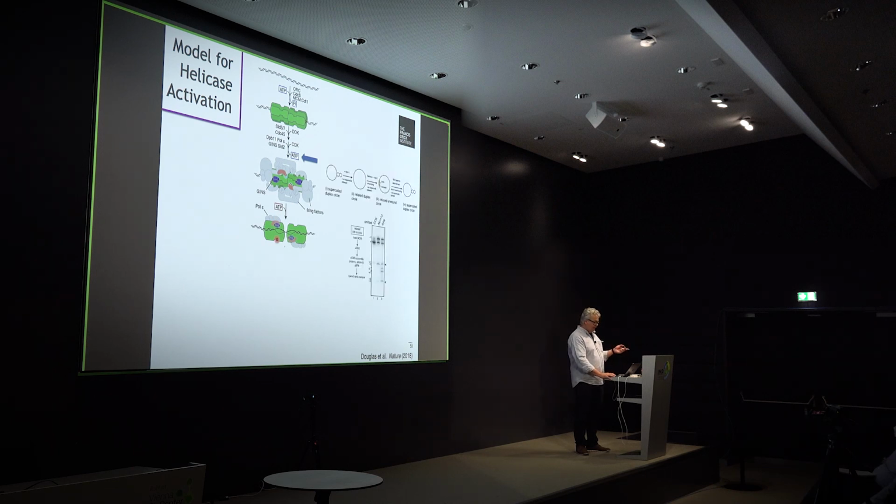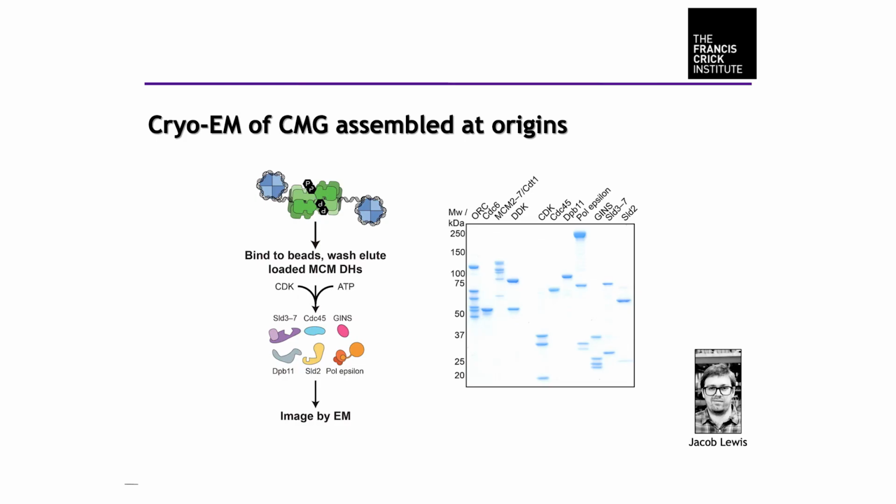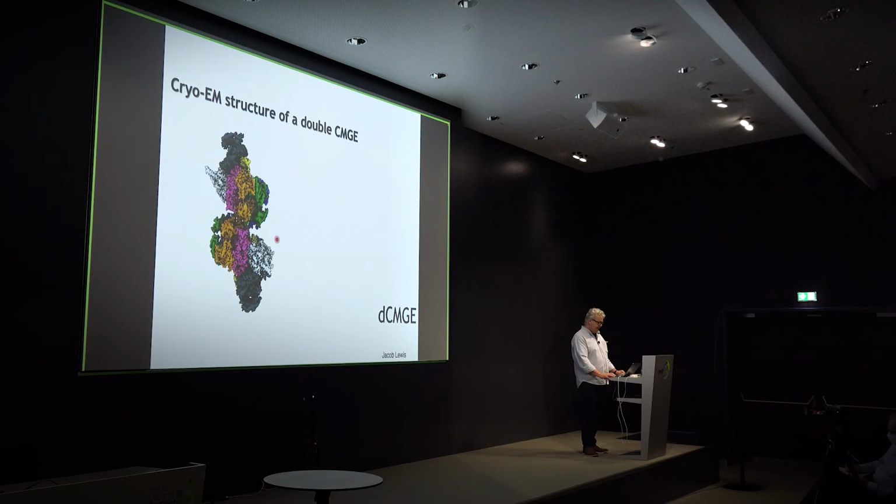And I've overrun myself quite a bit, and I'm going to do a disservice to this great structure that's been generated by Jacob Lewis in Alessandro Costa's lab, but he's now been able to generate a high-resolution cryo-EM structure of that double CMG complex with the melted DNA in the middle of it. And this is it.